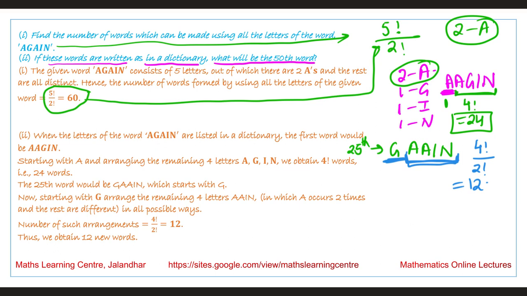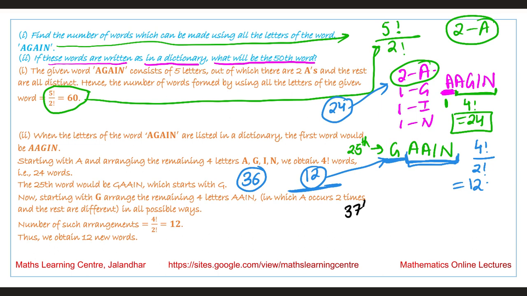So 24 words start with A, and 12 words start with G, so the total number of words up to G is 36. Now the 37th word will start with I, and it will be IAAGN.